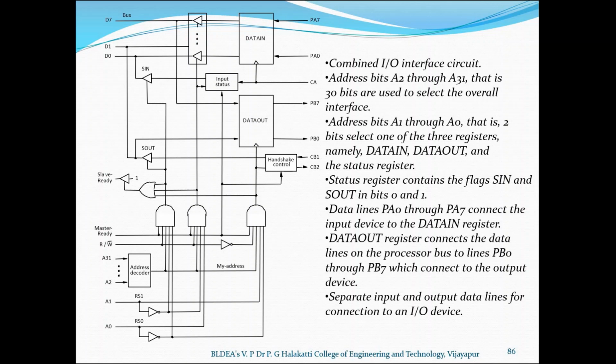Address bits A2 through A31, that is 30 bits, are used to select the overall interface, and address bits A1 and A0, these 2 bits, are used to select one of the 3 registers, that is data in, data out and the status register.